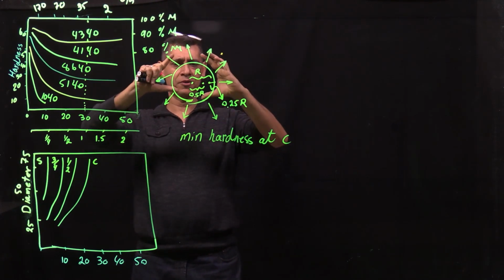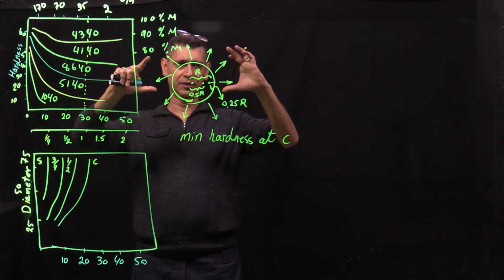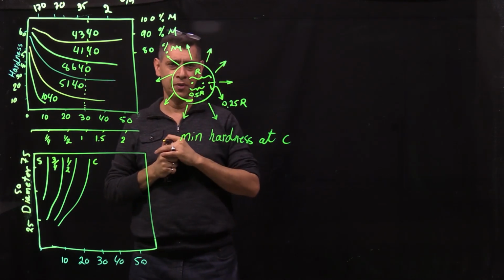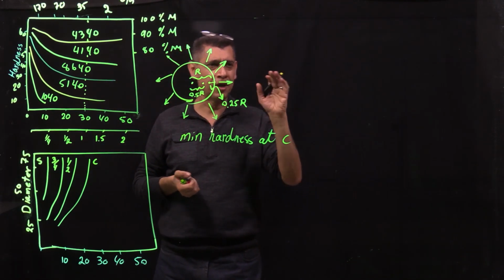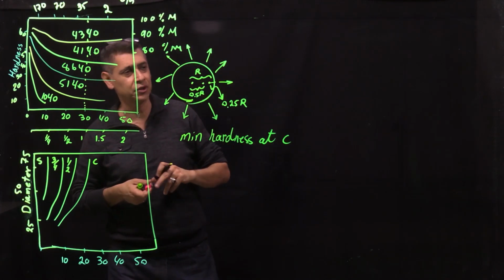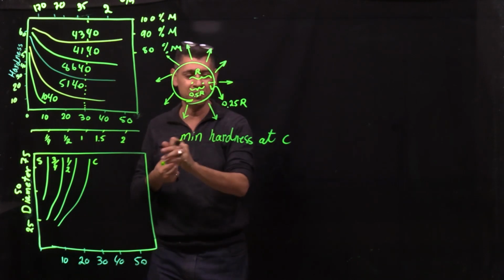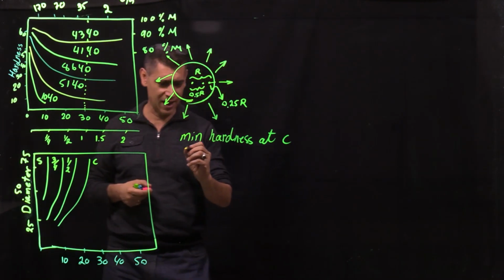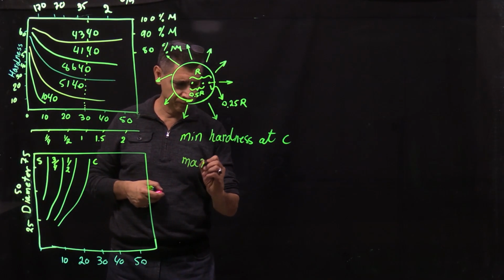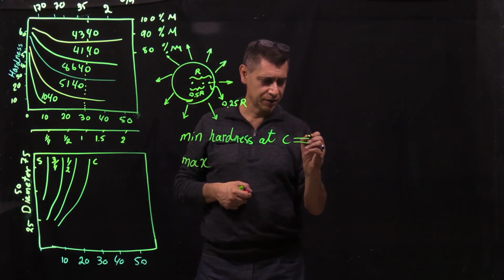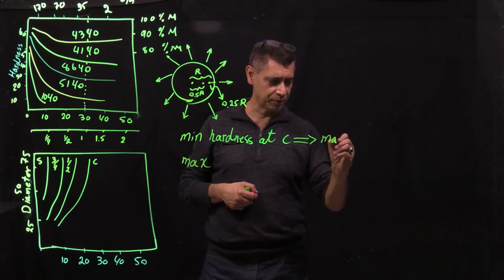Because if my diameter becomes larger than my maximum, it means the cooling rate everywhere, including the center, is going to be smaller, and then I won't get the minimum hardness. On the other hand, for maximum hardness, I write here, this gives you the maximum diameter.